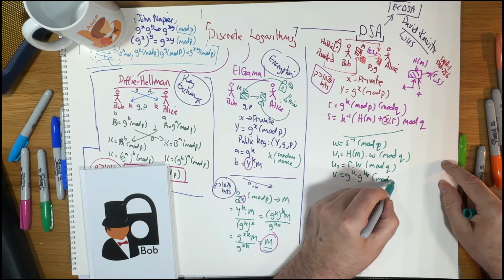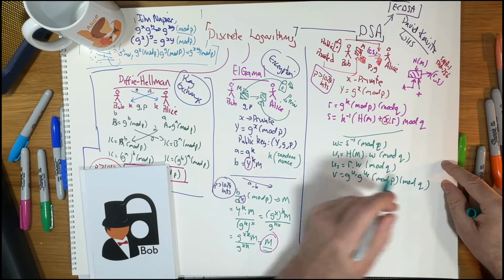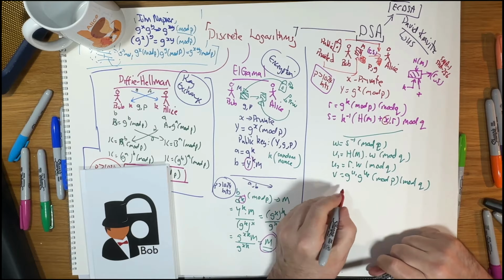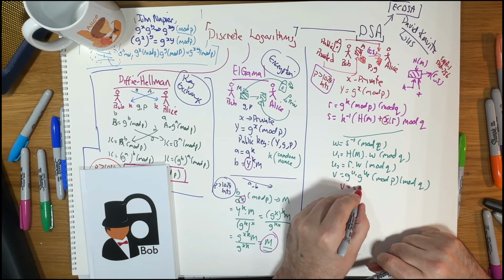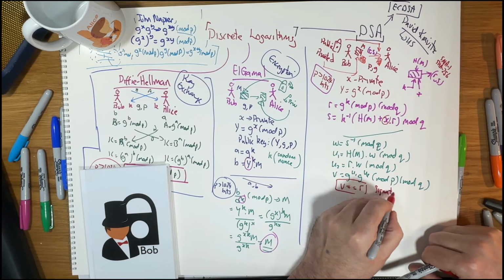We take mod P and mod Q. Now, if V is equal to R, then the signature checks.